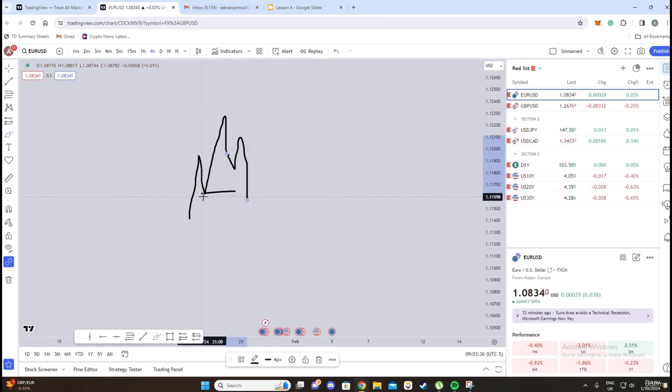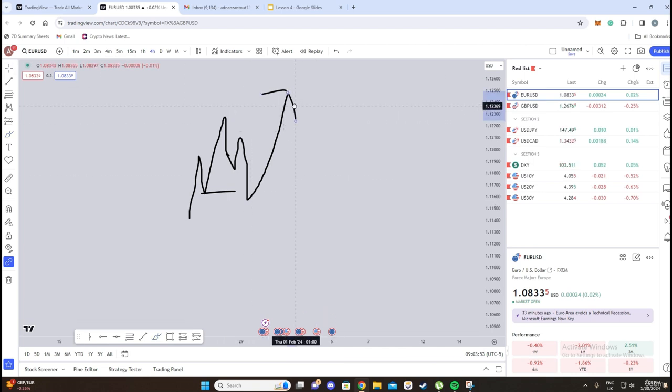So that's our manipulation. It will take out those and trick them into going short before, you guessed it, sending price higher. So all of the money that the traders who went short lost is now in our pockets. That's what this game is. The game is getting the money from other people's accounts into your account. That's basically how these banks think.